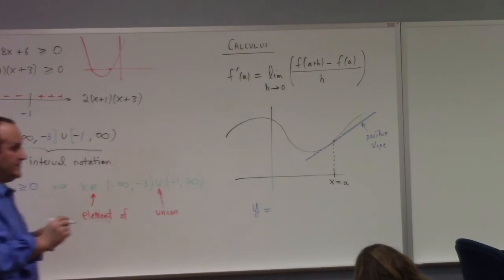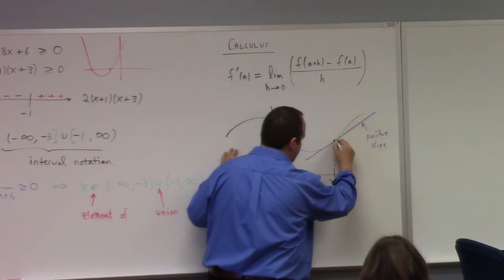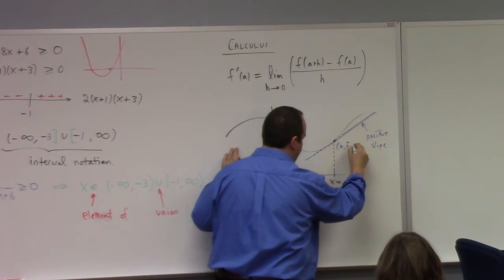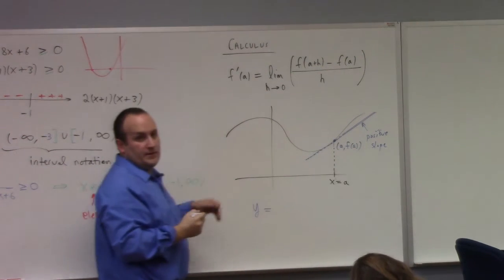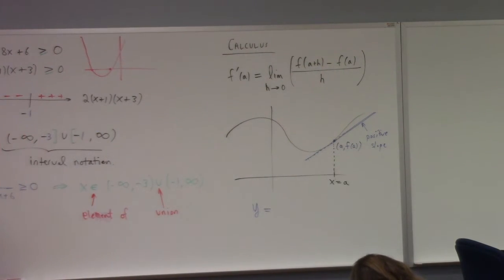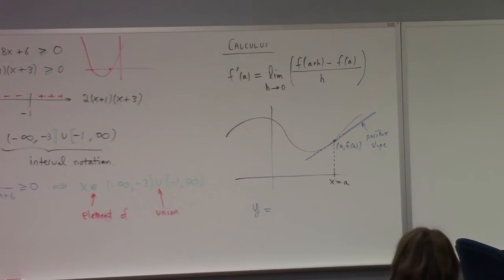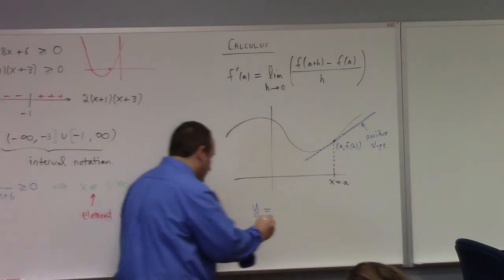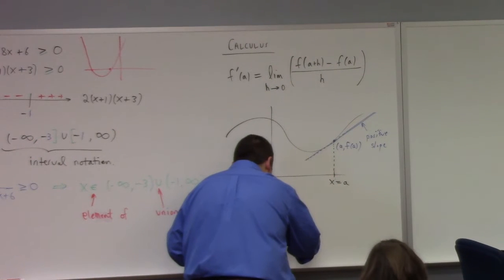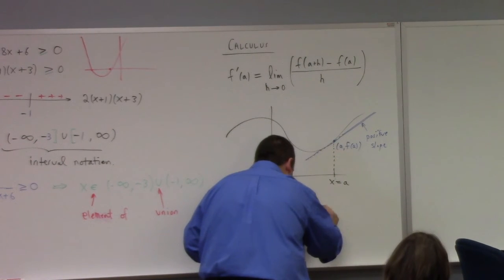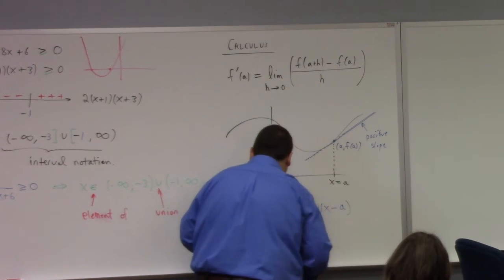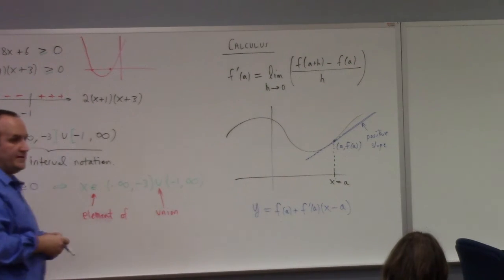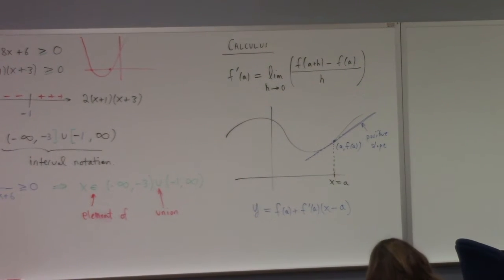What's its point of tangency? This point right here is by assumption a comma f of a, right? So if I want to write an equation for a line that goes through the point a comma f of a and has slope f prime of a, the answer is simply f of a plus f prime of a times x minus a. That right there, by definition, is the equation of the tangent line if it exists.